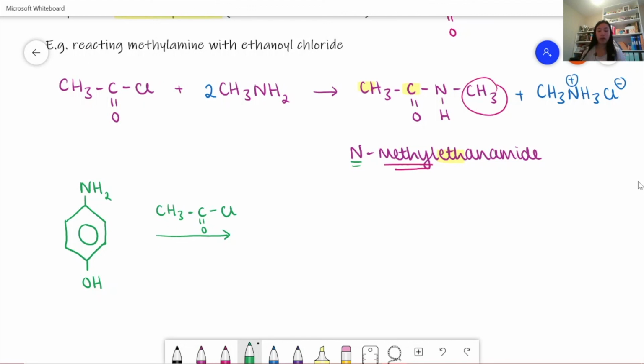And then we can form paracetamol. So we get the benzene ring, and then we have OH, and then we have NH, and then C double bond O CH3. So this is our paracetamol.